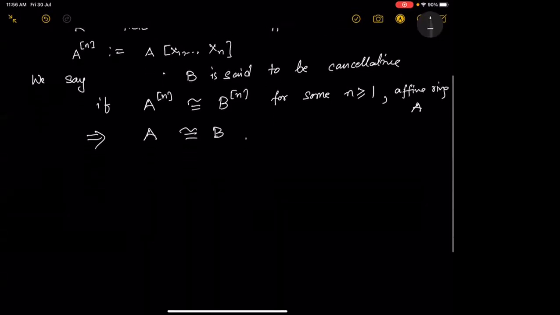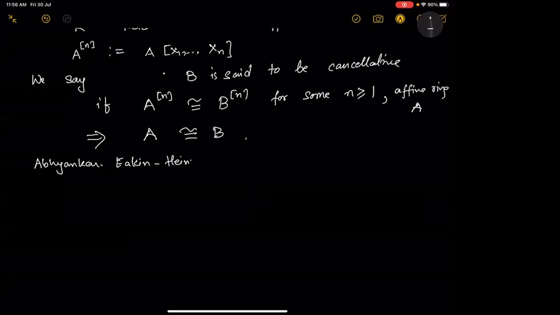This problem was known to have an affirmative answer, due to Abhyankar, Eakin, and Heinzer. This is a very famous result. The proof is also not difficult and was proved as early as 1972.